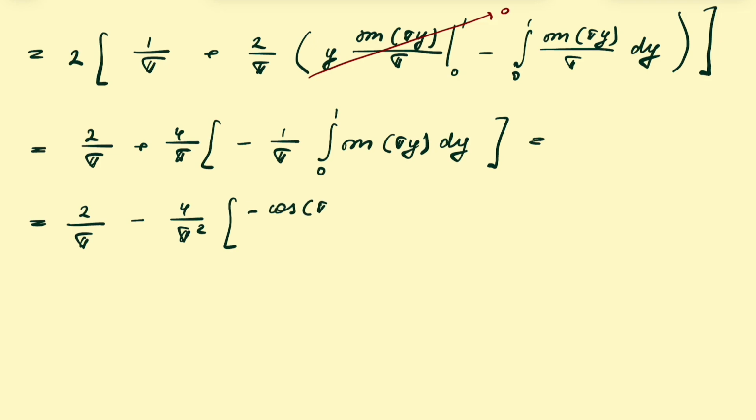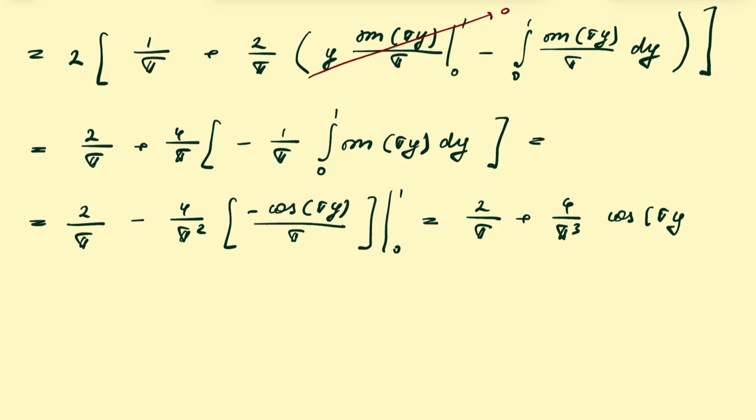Minus cosine of pi times y over pi, right? And it's from 0 to 1. Let's write it in a more neat way, which is 2 over pi plus 4 over pi cube of cosine of pi times y from 0 to 1. Right? Now quickly computing this, we have like cosine of pi minus cosine of 0.